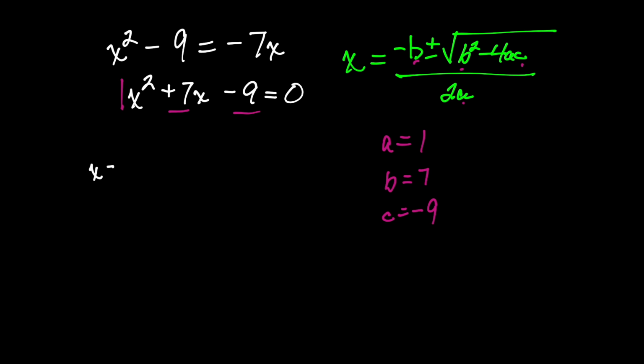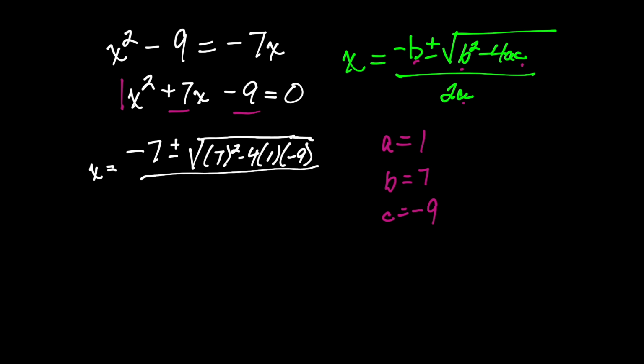So x equals the opposite of b. So b is 7, so the opposite of b is minus 7. And that'll be plus or minus the square root of b squared. So I'm just going to put all the subs in, a and c.